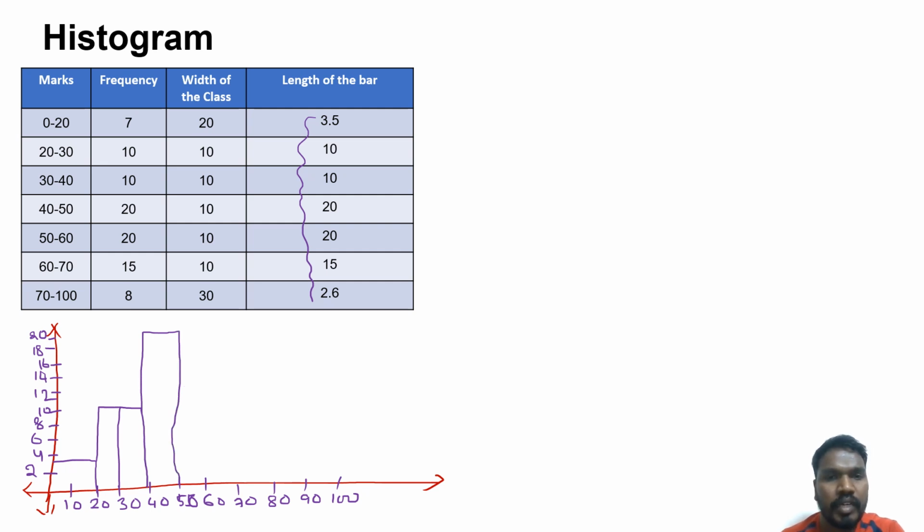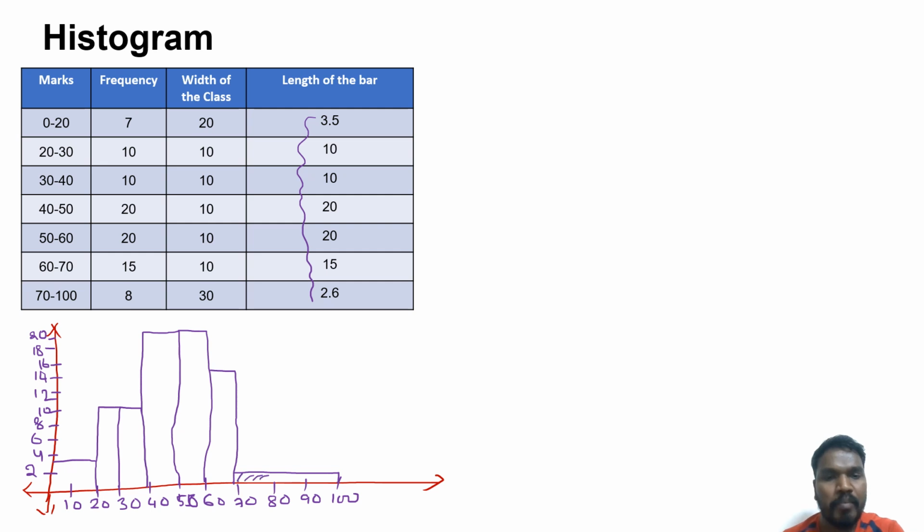Next is also again 20. Next is 15, so I'll make it here. Next, 70 to 100, it is 2.67, this one.